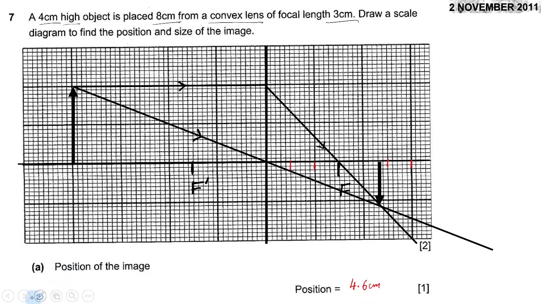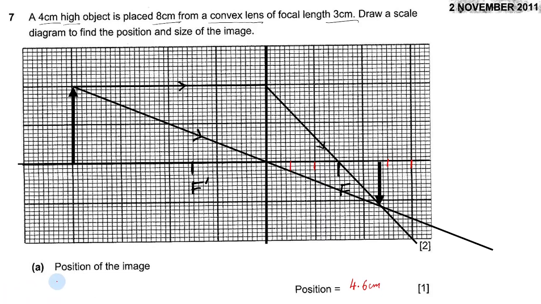Then we move to the size of the image. So here the size of the image can be measured again. You can use a ruler to measure from here to here, but we already determined that from here to here it's 2, from here to here it's 2.